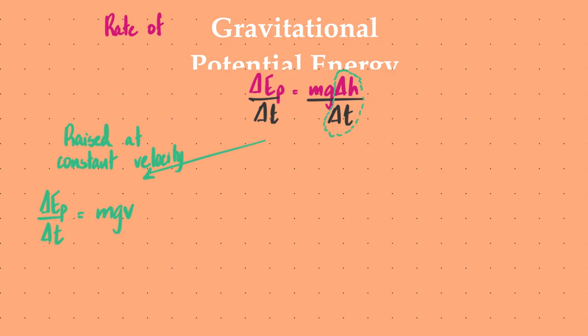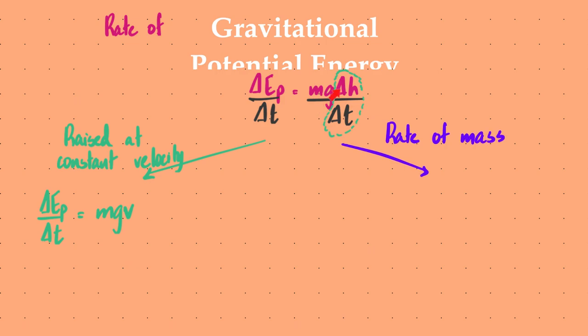What's the other possibility? Another possibility is where it talks about the rate of mass. In this case, it would again give you g.